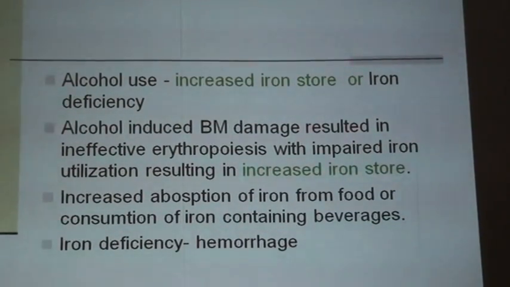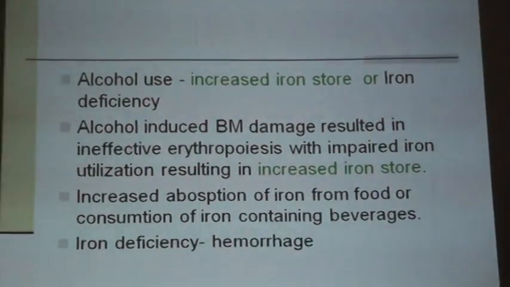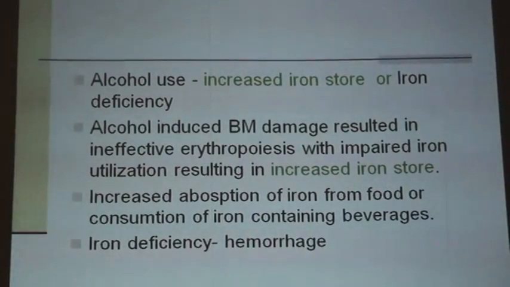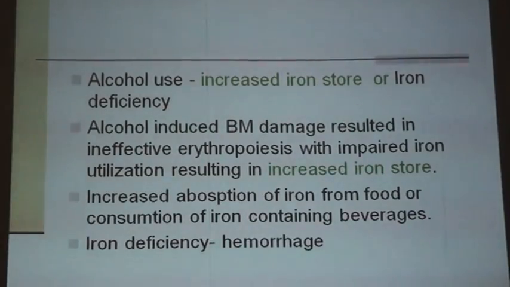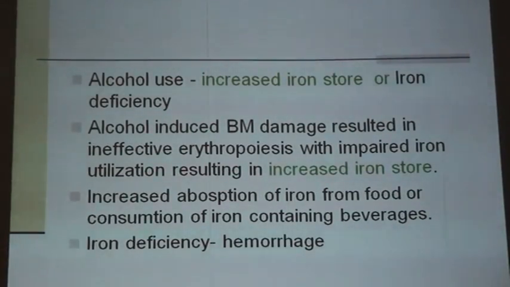Or they can have an iron deficiency status due to hemorrhage. Then alcohol-induced bone marrow damage mainly results in ineffective erythropoiesis, which also contributes to increased iron stores. So there are several mechanisms of this increased iron store or iron deficiency.